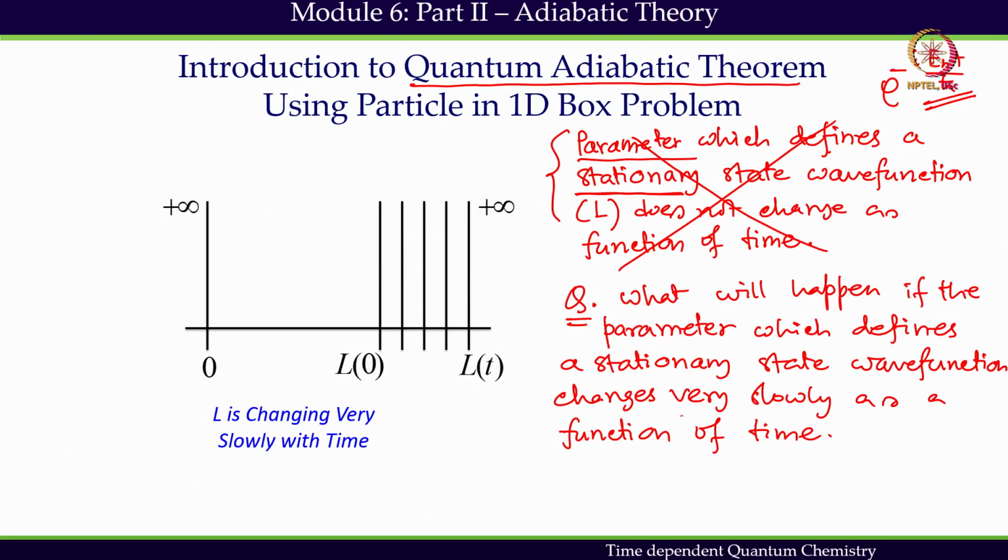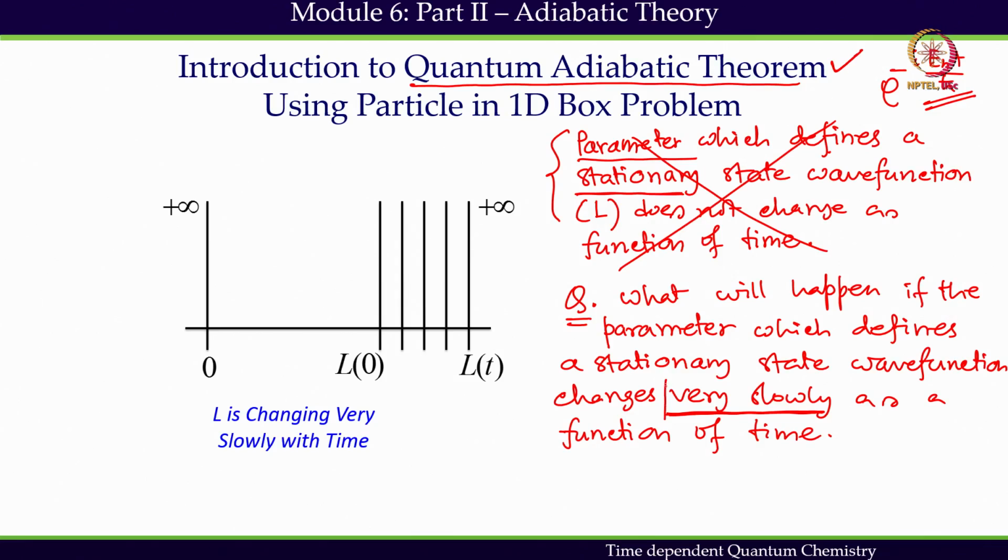So, one approximation is that the change has to be very slow. The parameter which is changing has to change slowly. Then we will be able to explore this quantum adiabatic theorem. If it is fast, then we cannot explore it. But if it is slow, then it is good. Quantum adiabatic theorem is actually based on an approximation called the adiabatic approximation.